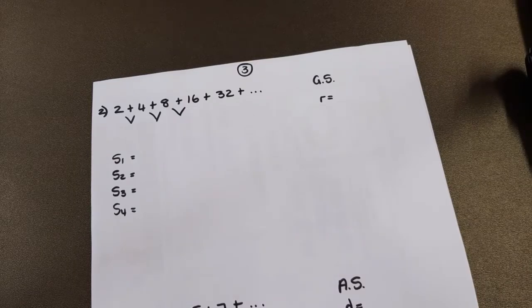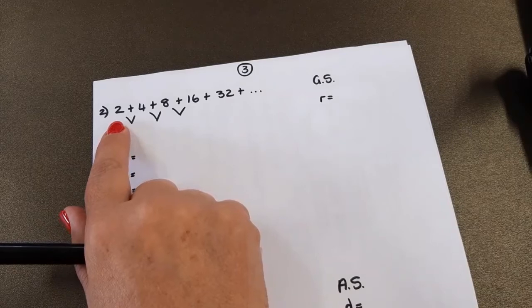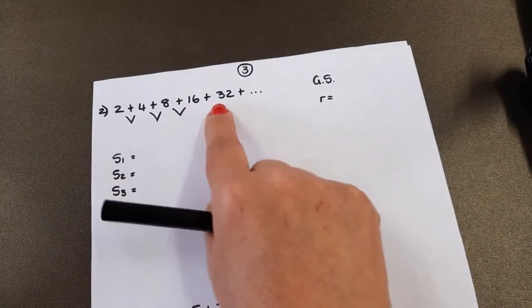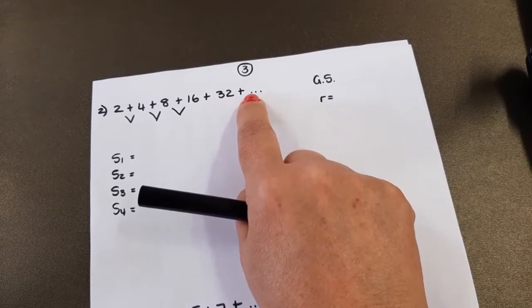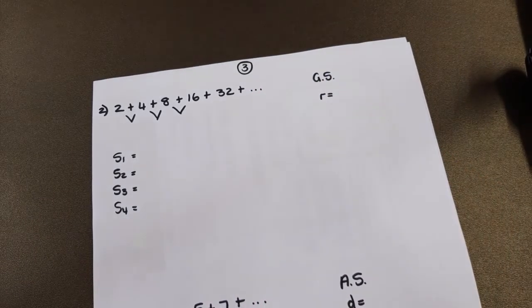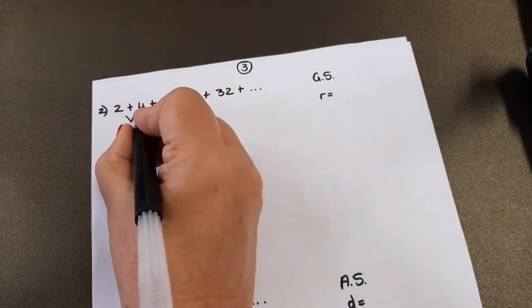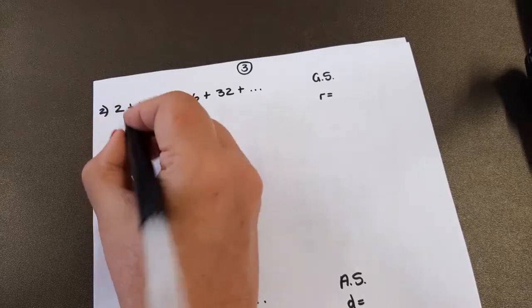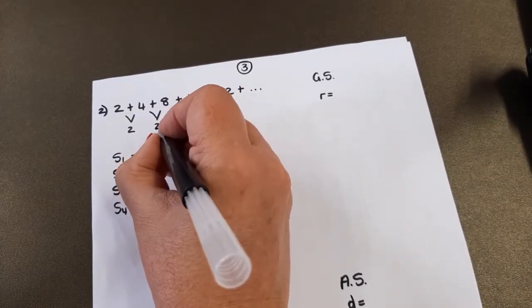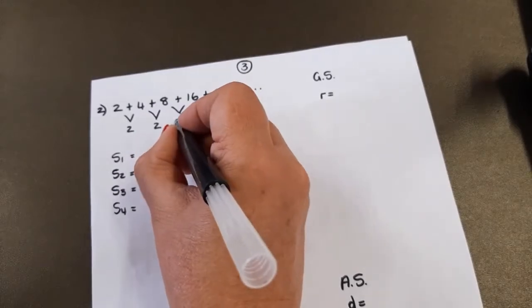If we look at a next example, in this case we have a series of 2 plus 4 plus 8 plus 16, and the terms go up and up. Again we have a geometrical series, because 4 divided by 2 is 2, 8 divided by 4 is 2, and 16 divided by 8 is 2.